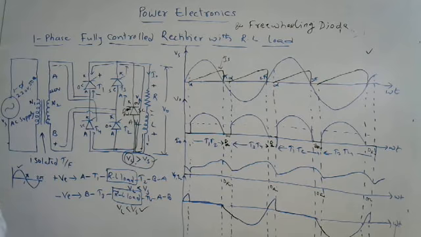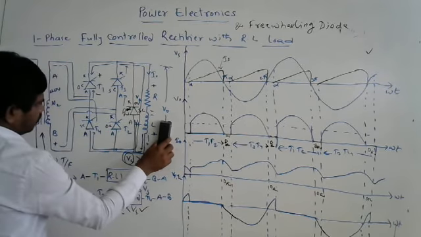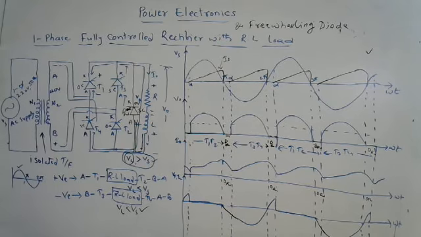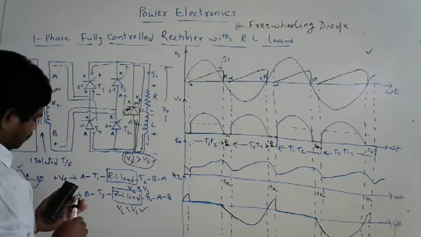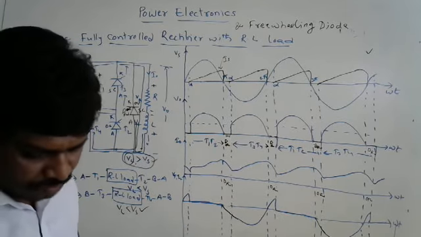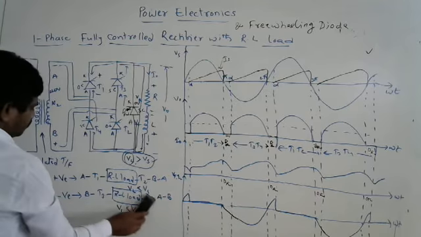We already discussed that in the last class. First we'll see the expressions for RL load, then we'll see the expressions for RL with the freewheeling diode action. Clear of this?